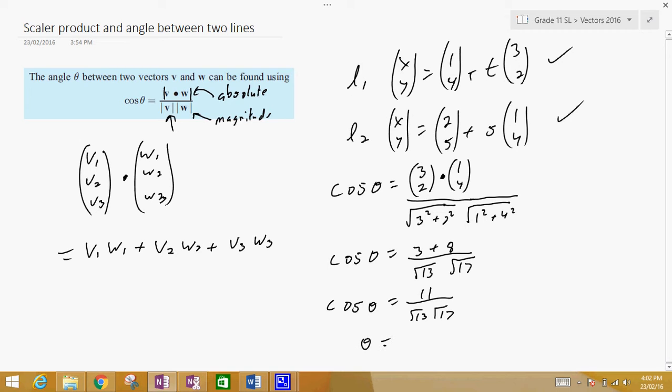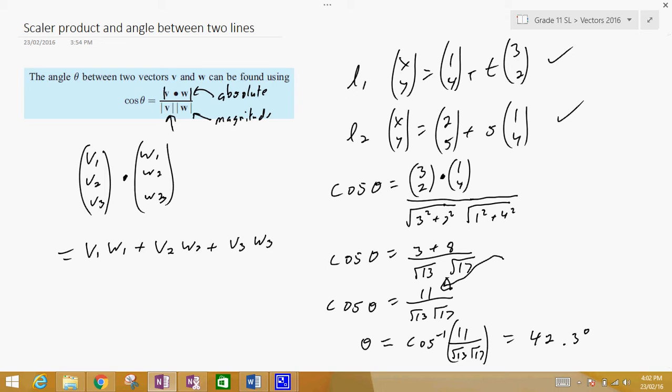And therefore, theta is equal to cosine negative 1 of 11 divided by root 13, root 17. You plug that into the equation, and we get something like 42.3 degrees.